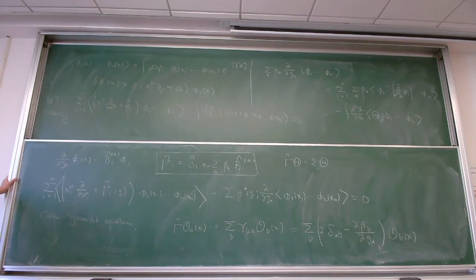I really got confused about what I'm doing here. Why is that? Sorry, I just got confused here. Gamma acts on A, operator A is... sorry.